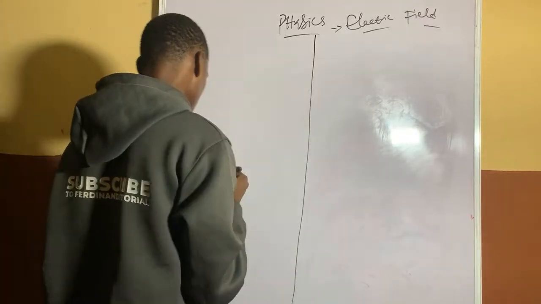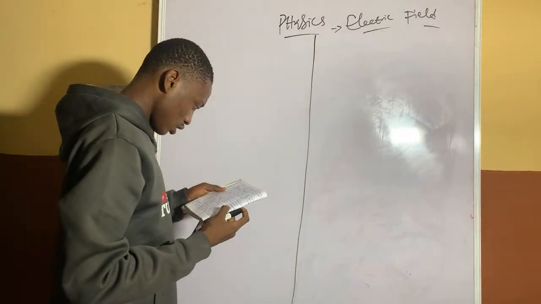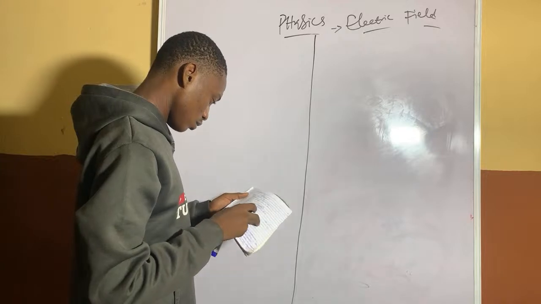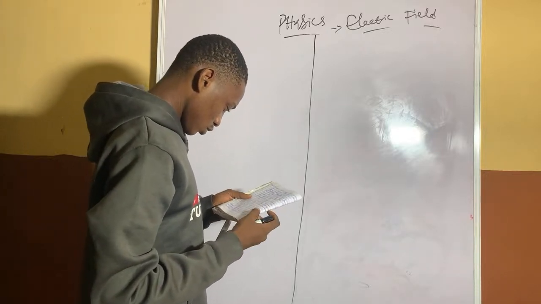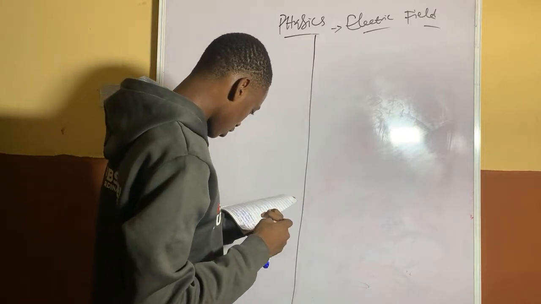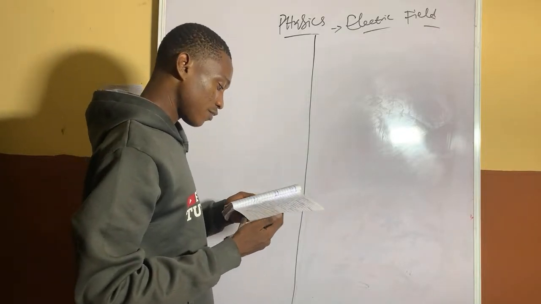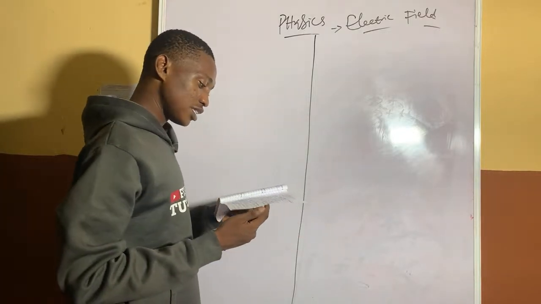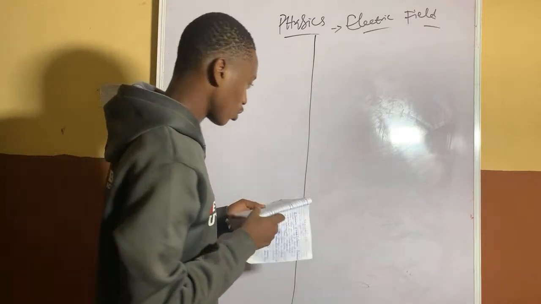They said, calculate the electric field intensity. Let me get a better question. Calculate the electric field intensity in a vacuum at a distance of 10 cm from a charge of 5 times 10 raised to the power minus 4 coulomb.